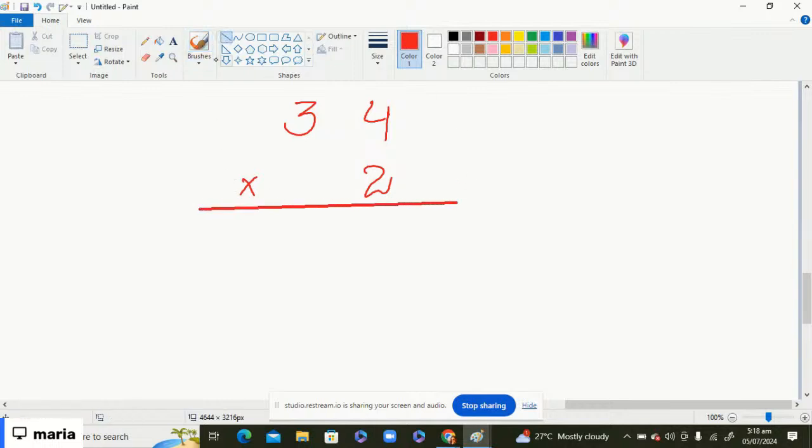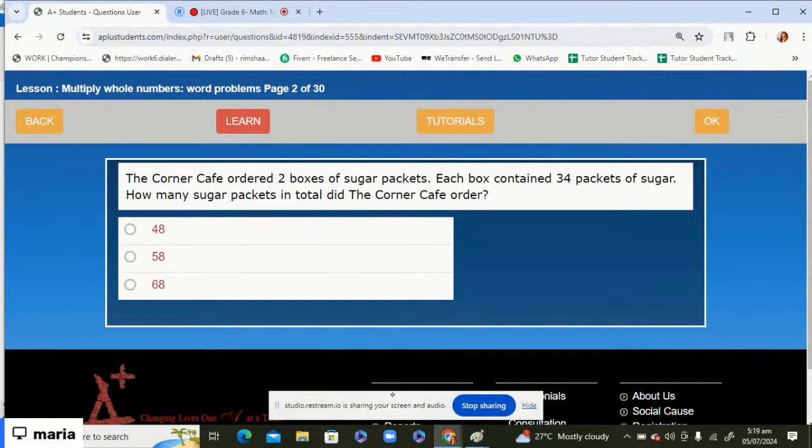So what's the answer when you multiply 34 with 2? 2 times 4 is 12. This is your 12. You are going to put down the right side digit here and the left side digit up. Okay. So 2 times 3 is 6 plus 1 is 7. That is 72. Let's check, is there any answer for 72?